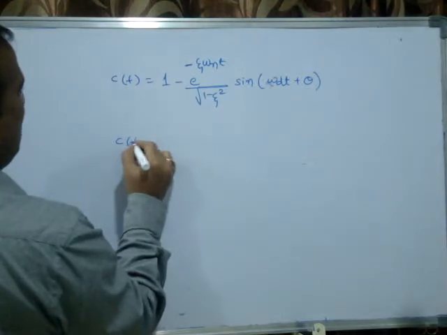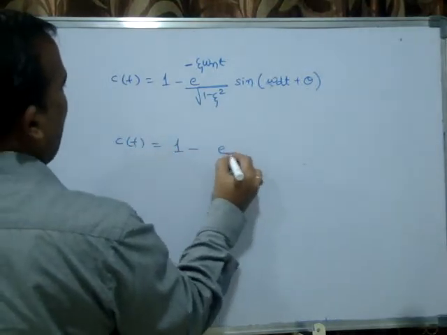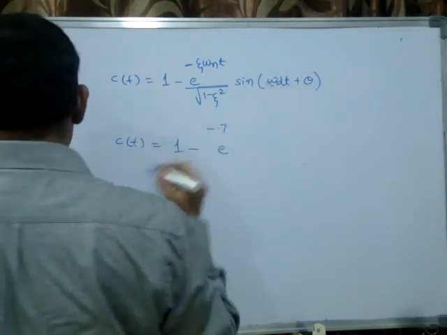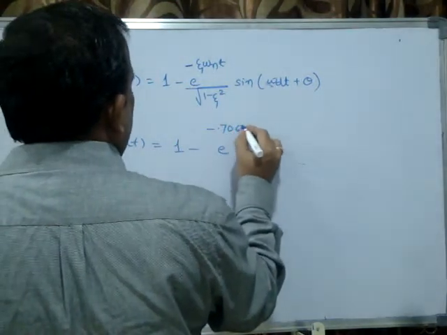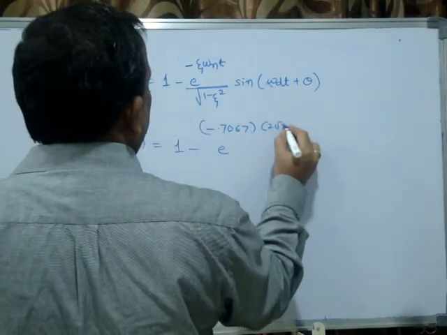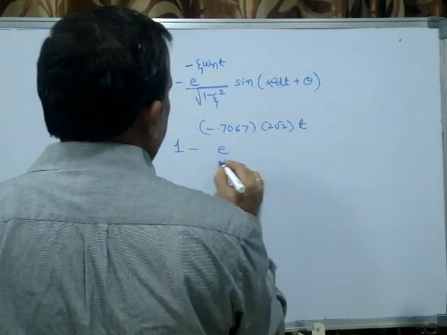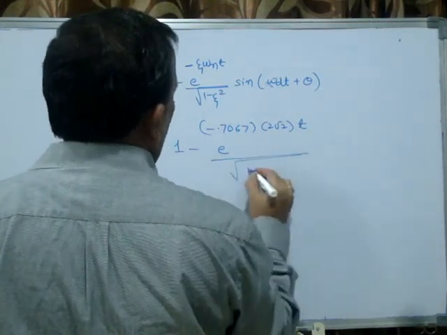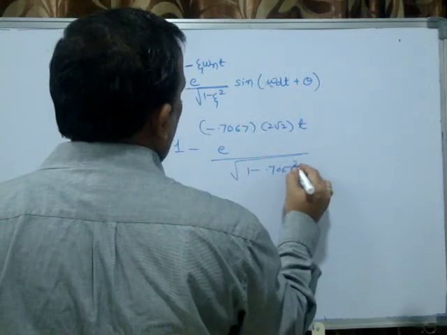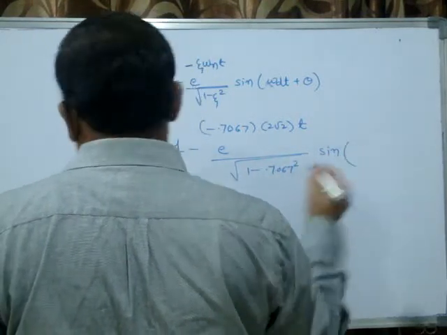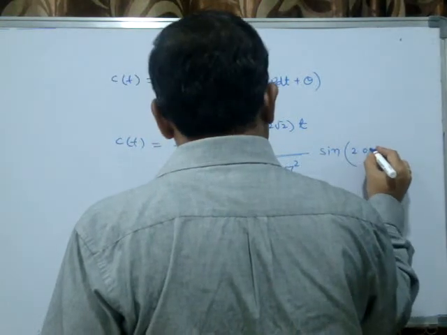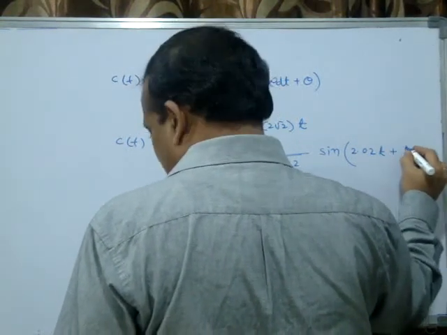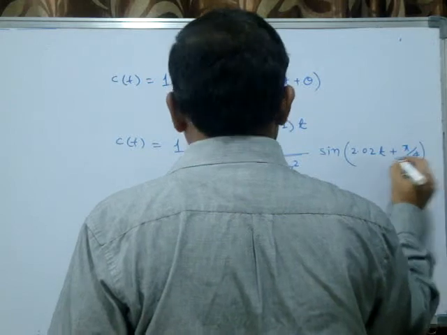I know the values: zeta is 0.7067, omega d is 2.02, and theta is pi by 4 radians.